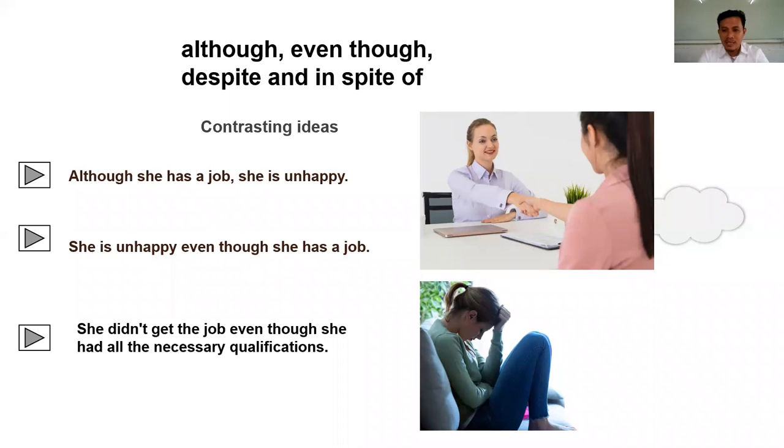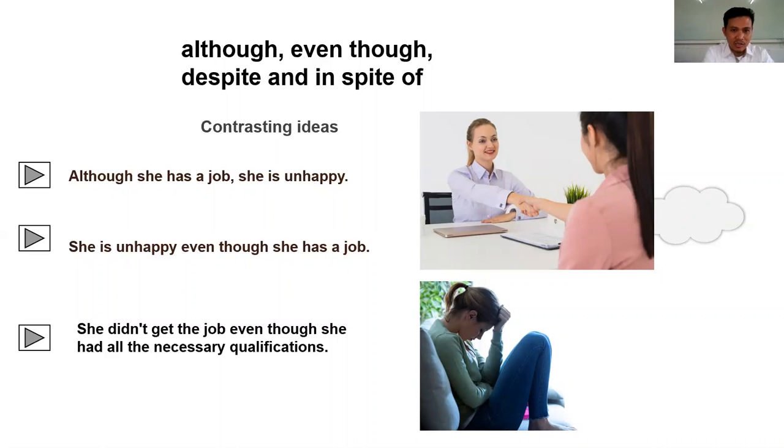So it means when we are connecting contrasting ideas, there are two clauses there, right? So we are connecting two clauses. Two clauses become one. We are connecting two clauses using "although" or "even though."